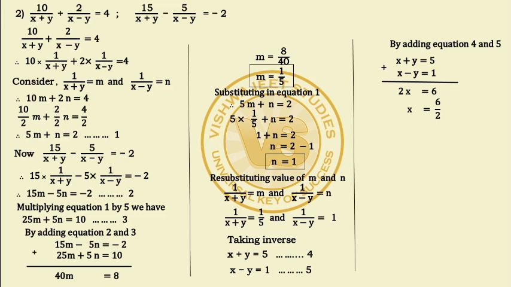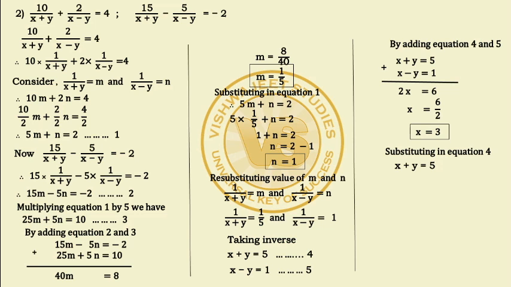2 is in multiplication form. When it goes to the right hand side, it divides 6. So we get x is equal to 6 upon 2. After division, we get x is equal to 3. To get the value of y, substitute the value of x in equation number 4. Equation number 4 is x plus y is equal to 5.